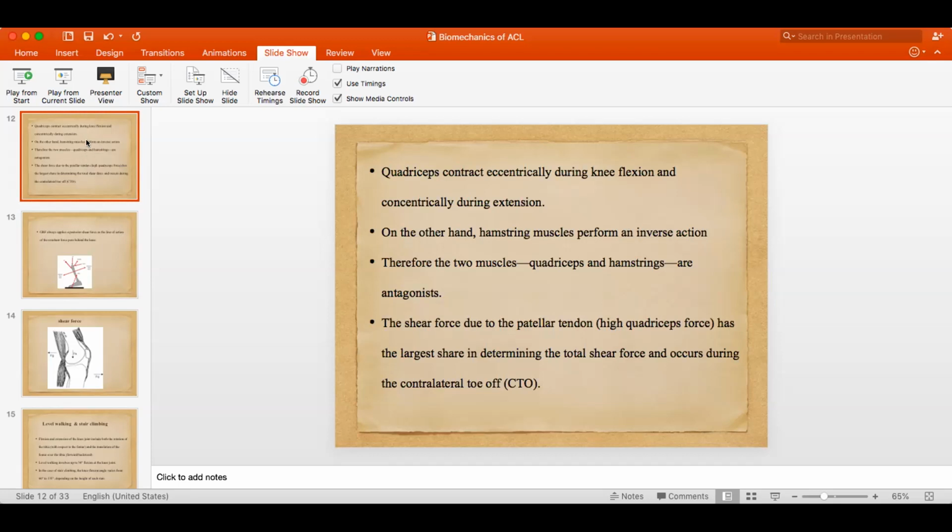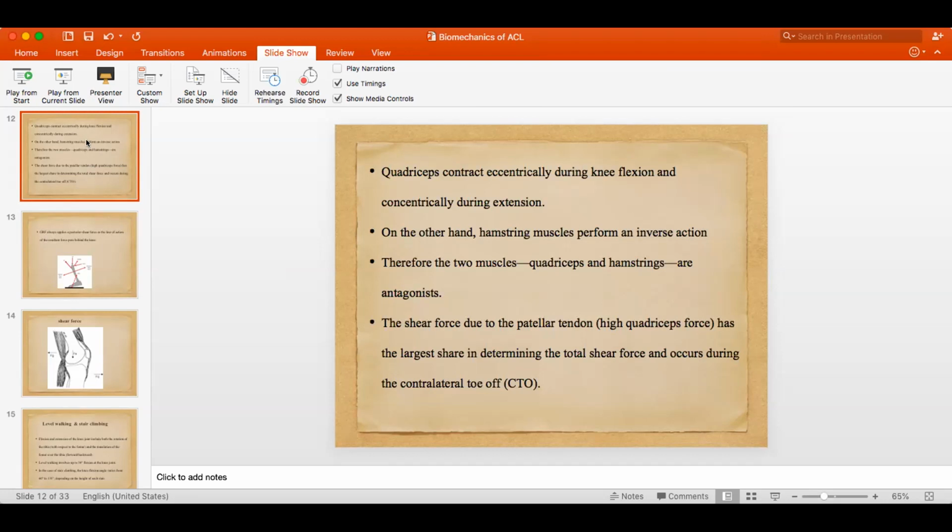What is the meaning of the contralateral toe off, the last point? While walking, when the opposite leg is at contralateral toe off time, there will be more force acting on the patellar tendon and quadriceps muscles, sir.